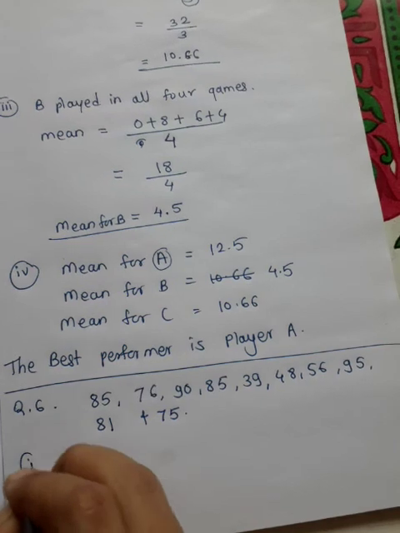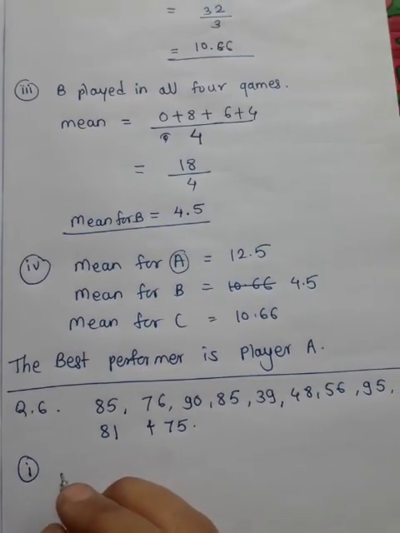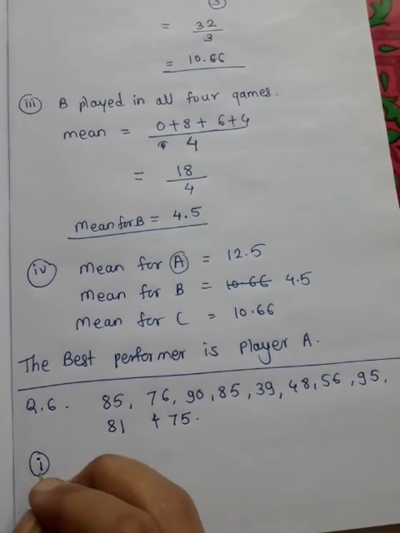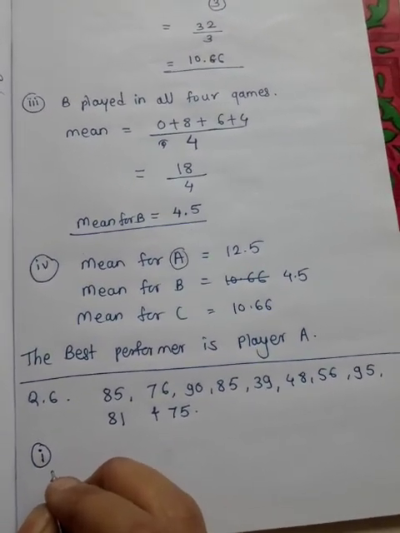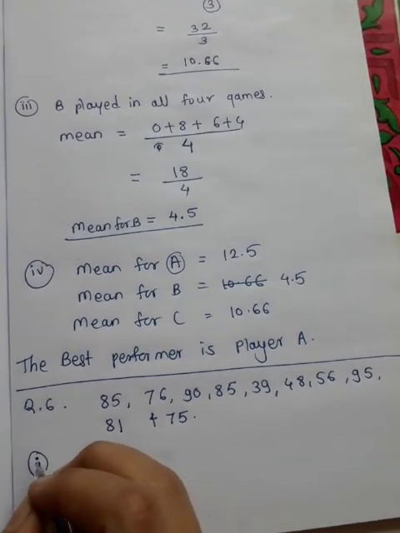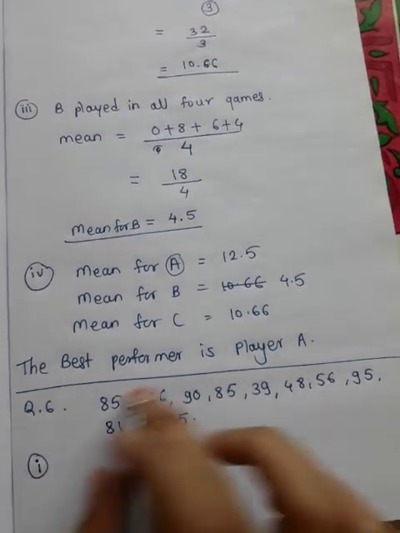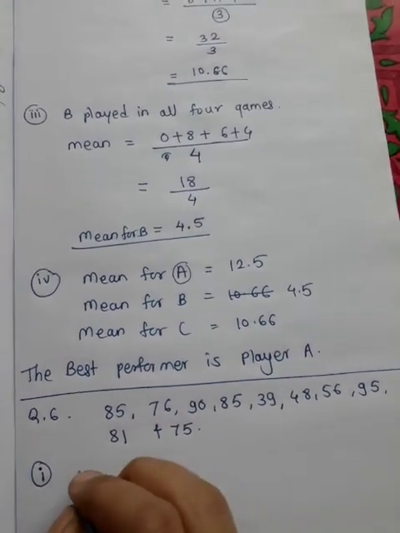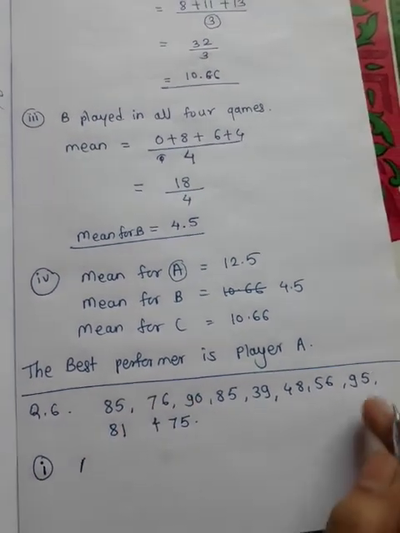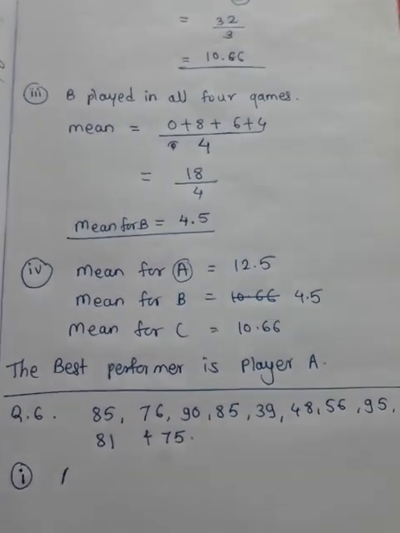Now sub question 1 is the highest and lowest marks obtained by the students. Before that, let's arrange this data in ascending order. To find the answer to sub question 1, arrange the data in ascending order, and you get the answer easily.